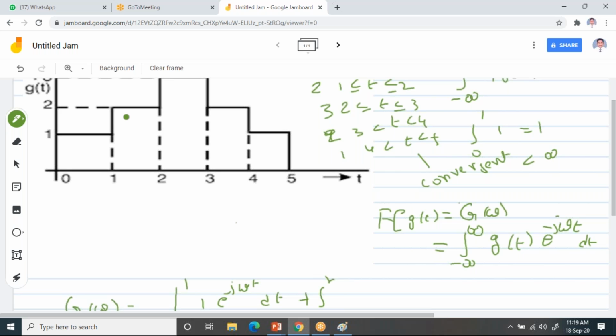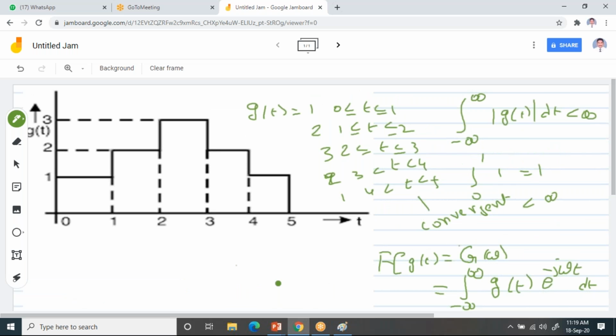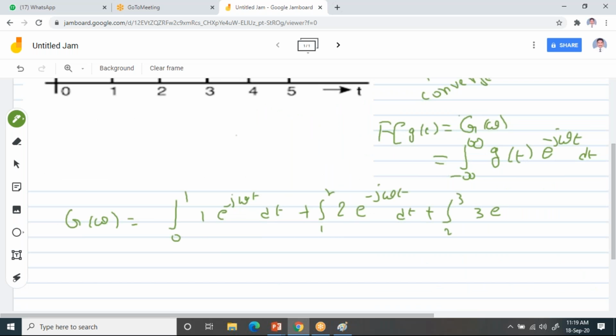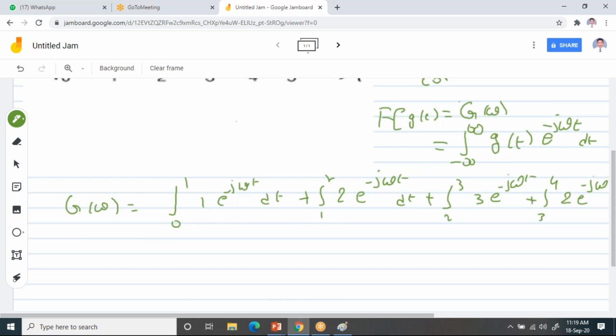From 2 to 3 it is 3 e power minus j omega t dt, and from 3 to 4 it is again 2 e power minus j omega t dt. And from 4 to 5 it is again 1 into e power minus j omega t dt. Now you should be very careful while simplifying this. I think this part you can do it.